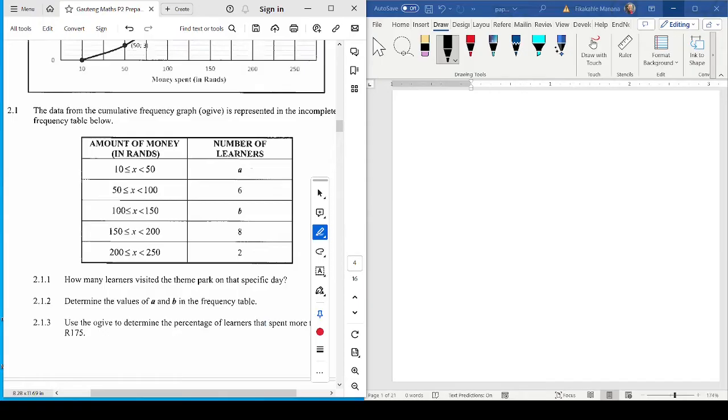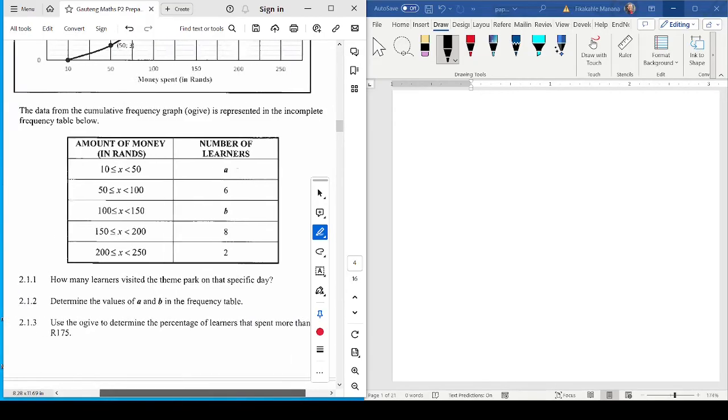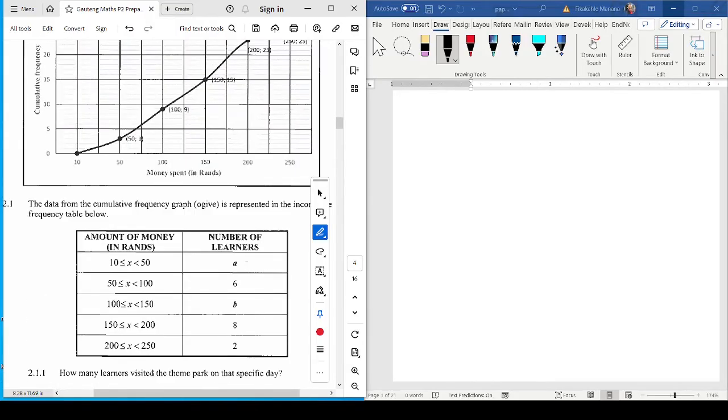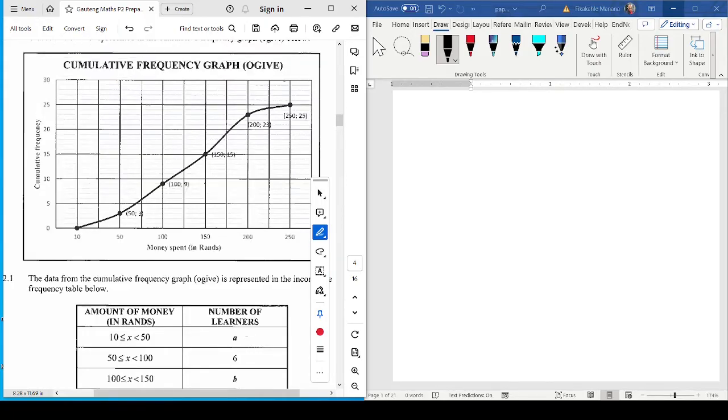Now it says the data from the cumulative frequency graph is represented in the incomplete frequency table below. There we go, as you can see. And then it says, how many learners visited the theme park on that specific day? Oh, nice. That one we can just look at the graph. It says cumulative frequency, so we look at that last data point there.